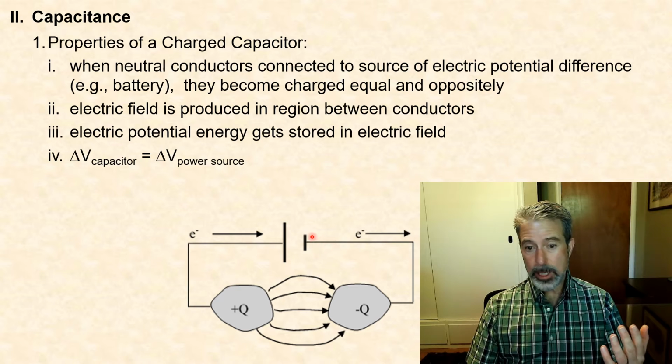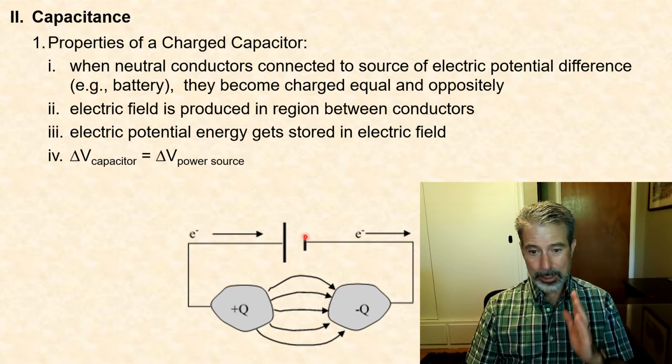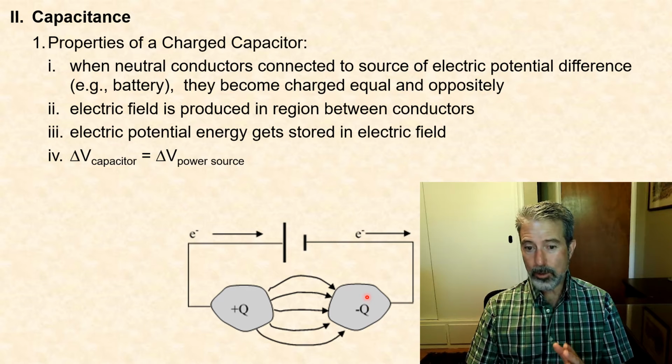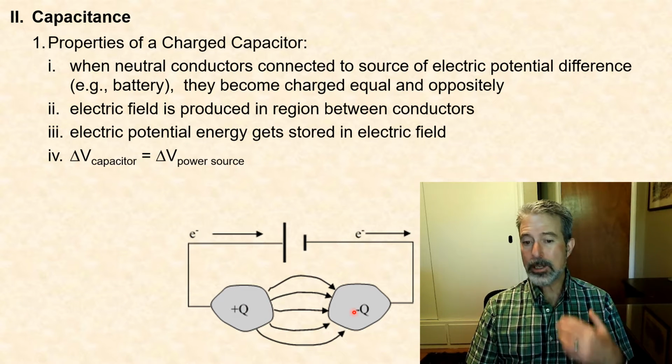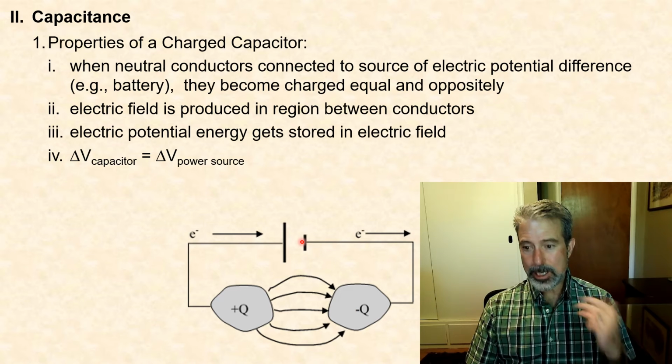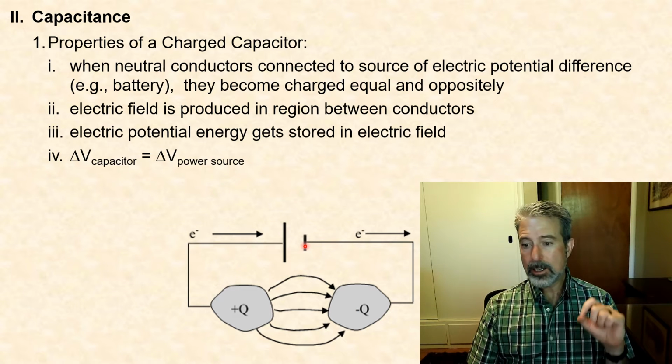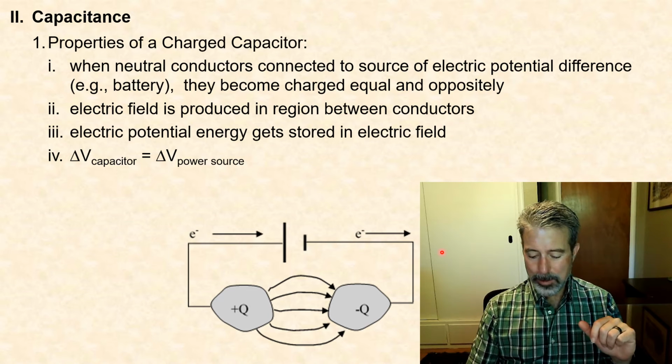Like we said, the electric potential of the negative battery terminal will be the same as this conductor over here on the right. The electric potential of the positive terminal will be the same as the conductor on the left. Therefore, you can reason that the potential difference of the capacitor will exactly match that of the power source. So in solving problems, you want to remember that.